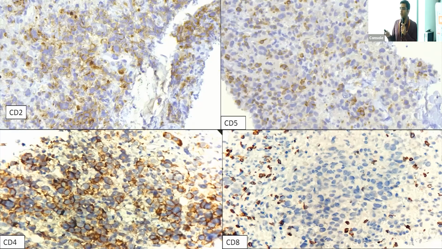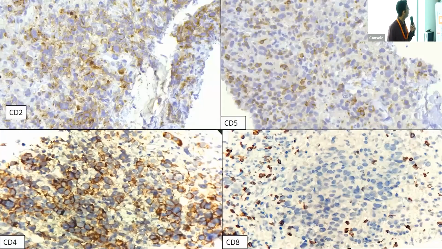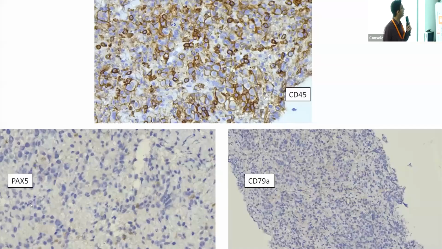Then I tried to rule out ALK positive or ALK negative ALCL. ALK was negative in this case, and EMA was also negative. So EMA can be negative, and CD30 was the most interesting finding. I think I skipped the CD30 slide. CD30 was the most important clue.